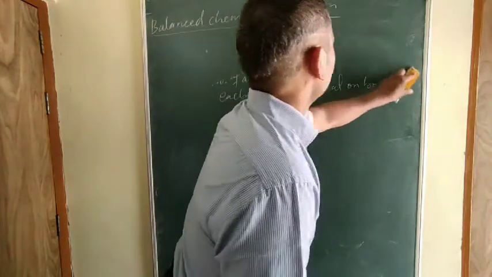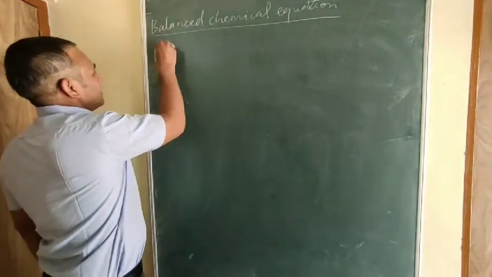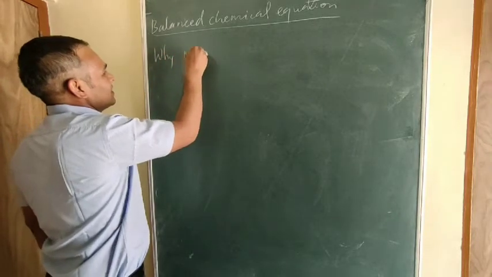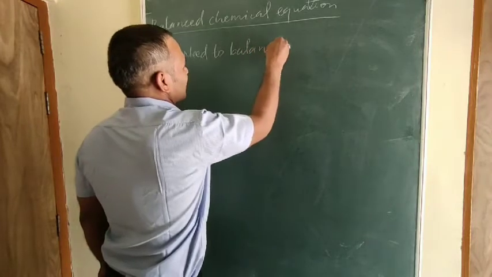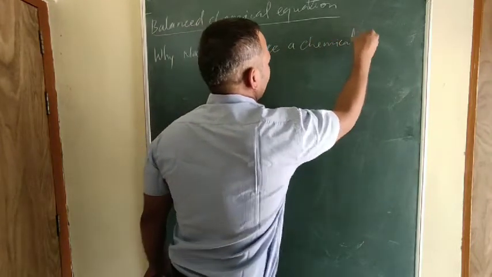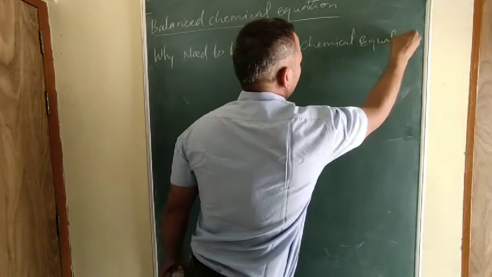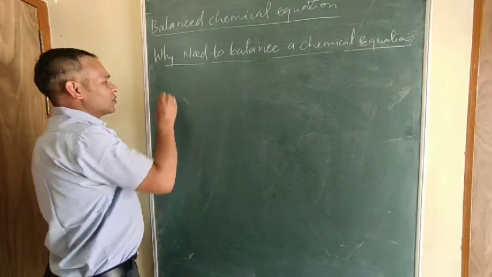Now the next question comes, why is there a need to balance a chemical equation? क्यों जरूरत पड़ती है? So there are two reasons.